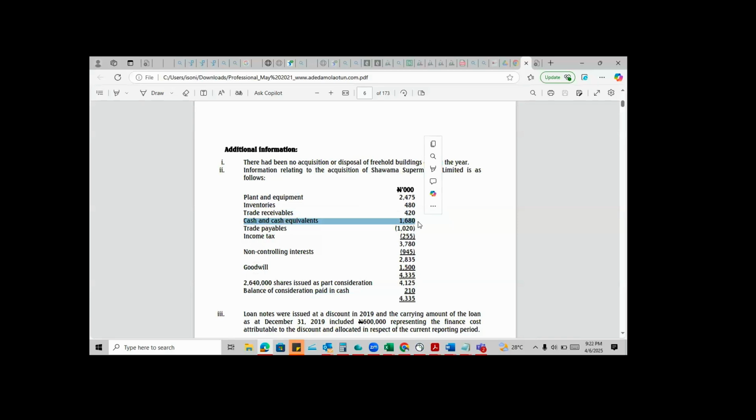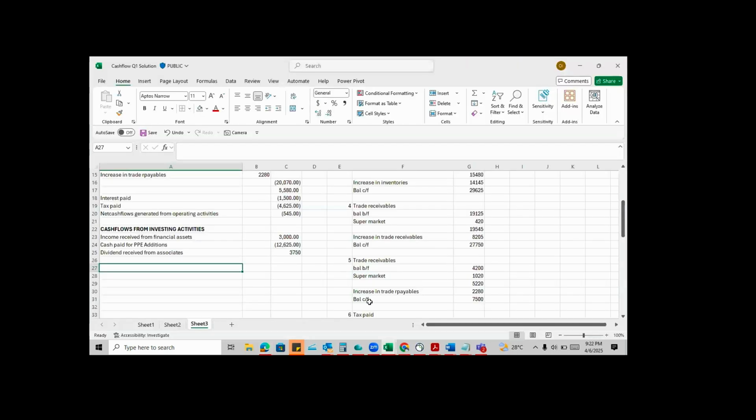It's very easy to forget. Look at it. Your cash and cash equivalents that you acquired from Shawarma. Cash was 1,680. All right. The balance of cash consideration here is 210, meaning that the net cash on acquisition of subsidiary.